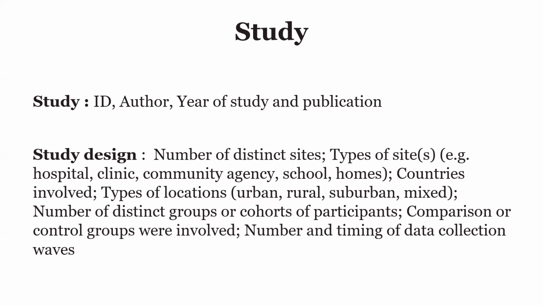Might be what is the study design per se, what are the number of study sites, whether it's a multi-centric study, in which country the study was conducted, the location in which the study was conducted, any special distinct characteristics of the participants which can be included in the next domain of participant characteristics. But you need to jot down the details of the study per se in this domain.